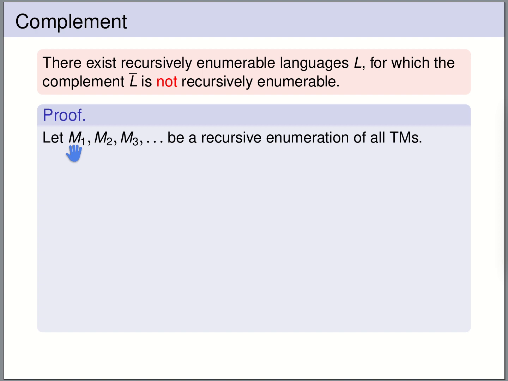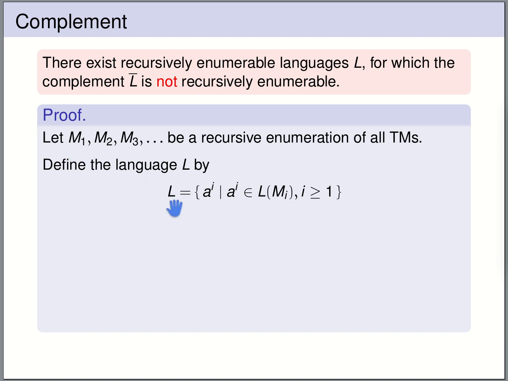Now we define a language L as follows. We say that the language L consists of all words a to the power i, for which a to the power i is in the language of the machine Mi, so the ith machine in this enumeration.